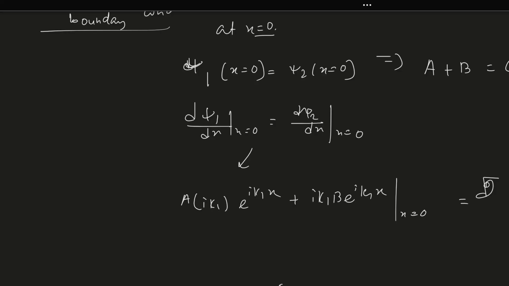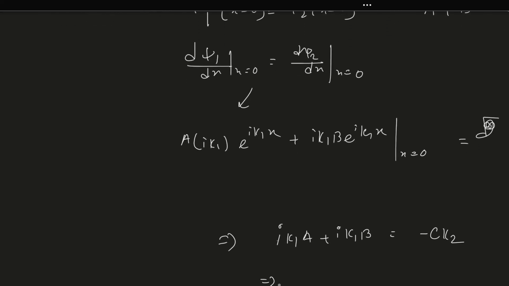So i k1 A minus i k1 B, because e to the power 0 is 1, is equal to, also at x equal to 0, minus C k2.